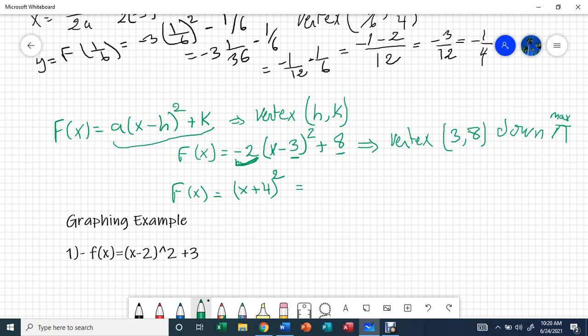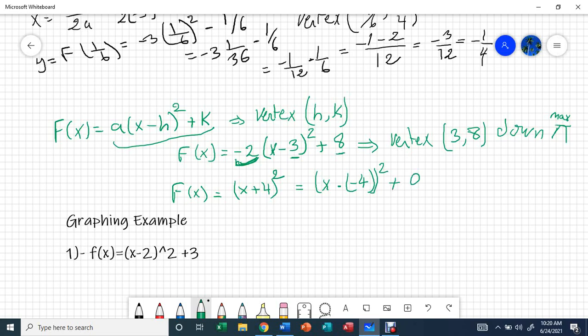So a is 1. So for x, I should have minus in my formula. So it's going to be (x minus negative 4) squared plus 0.